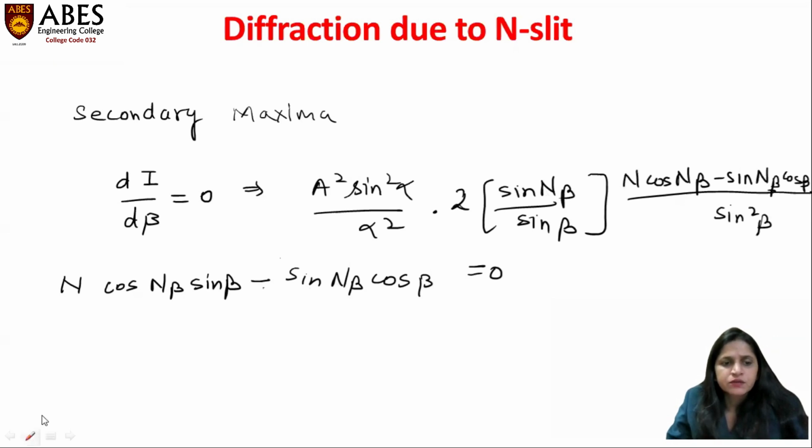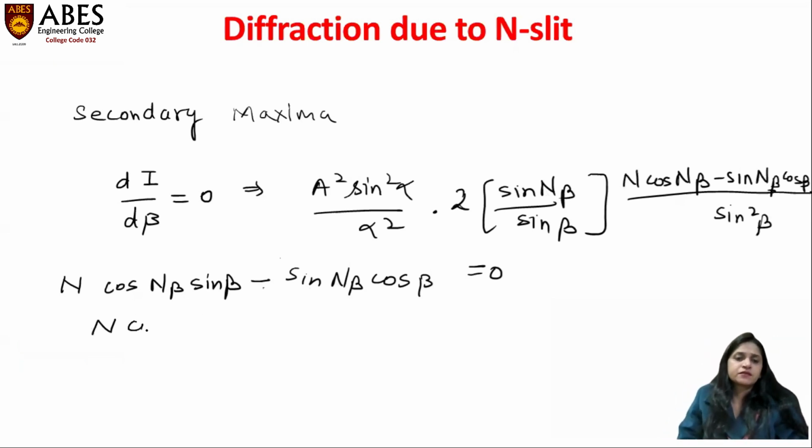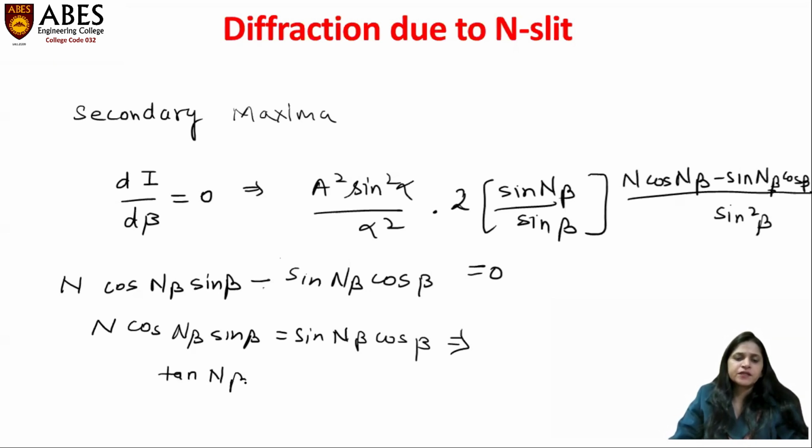Okay. So now here, what will this look like? This will look like n cos n beta sine beta is equals to sine n beta cos beta. That is it. Okay, these both will be equal. Then what will this give the value? This will give the value as tan n beta is equals to n tan beta.